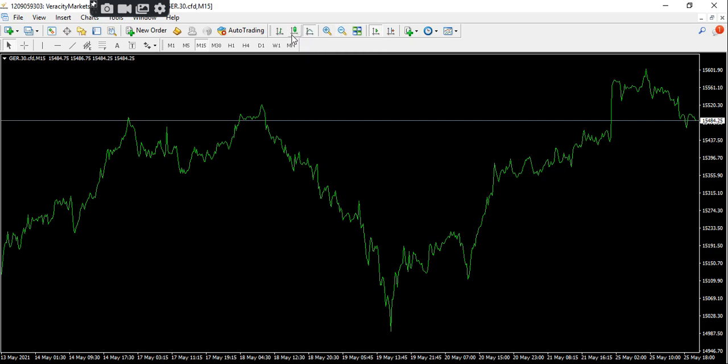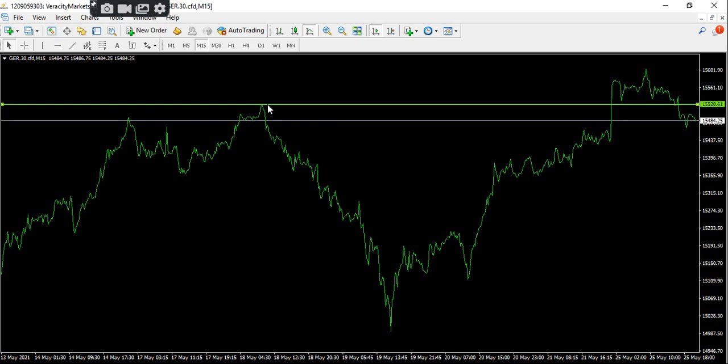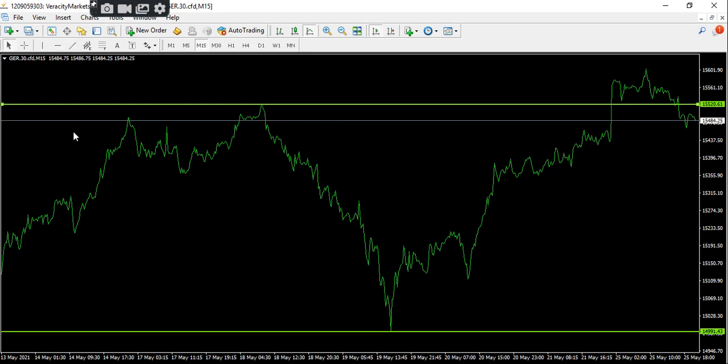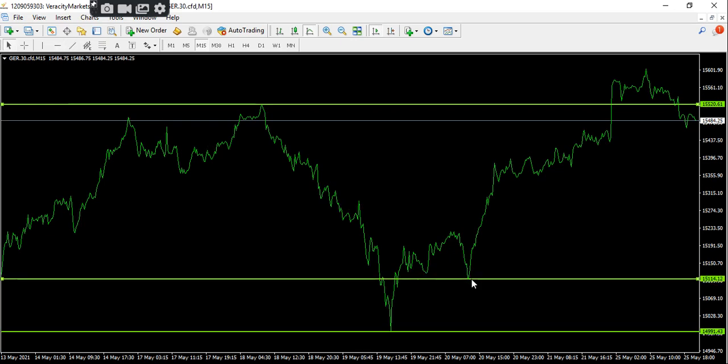So guys, after you change your candlestick chart to line chart, what you do is you point your lows and highs, guys. You point your lows and highs, and I'm going to show you how easy it is to do this. You point your highs and lows. So let's do this. You point your highs and lows, because they are very important, guys.